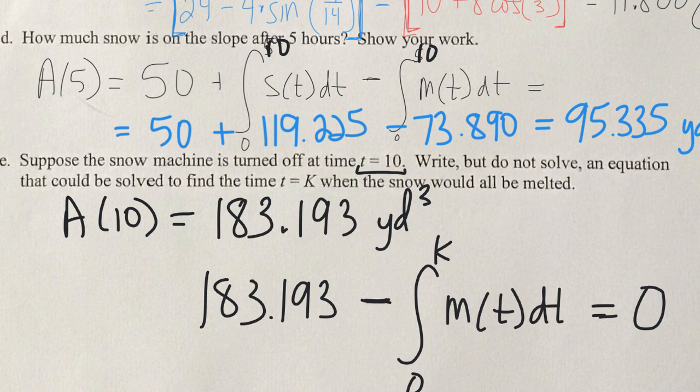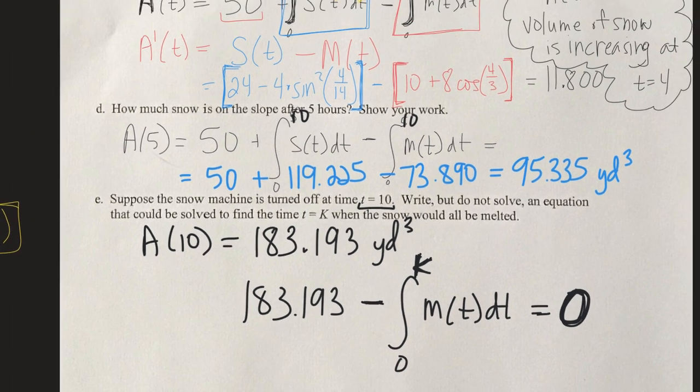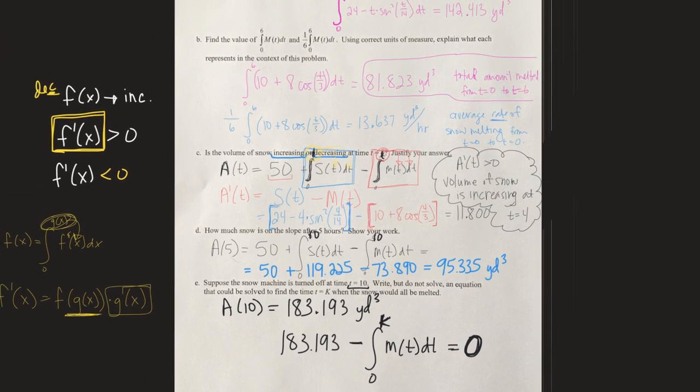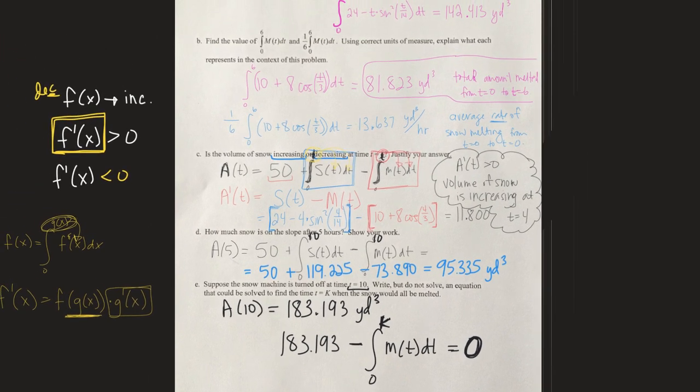So this would be the equation that you would want to potentially solve for K, because K is your upper limit or your time. How long do we have to wait until all the snow is gone, until snow level equals 0? And that's your equation.